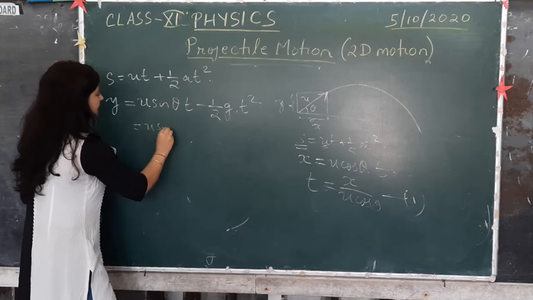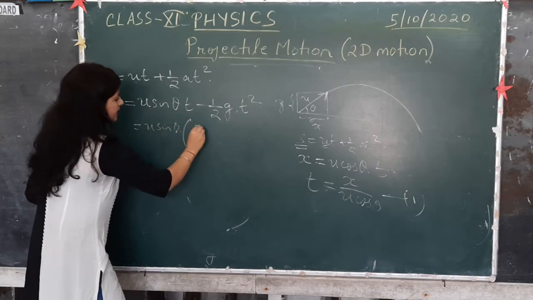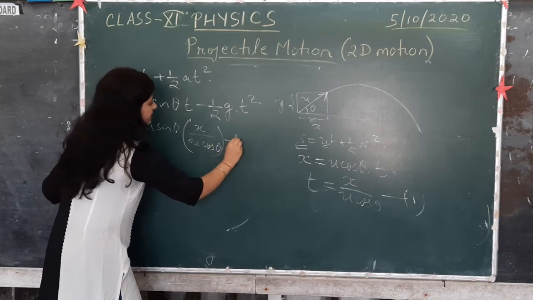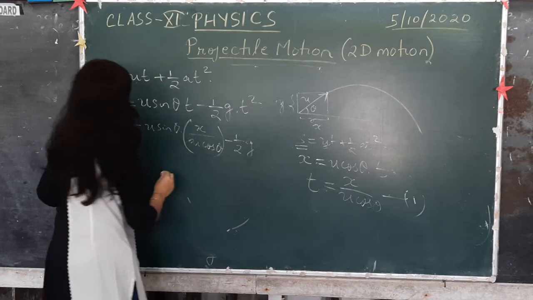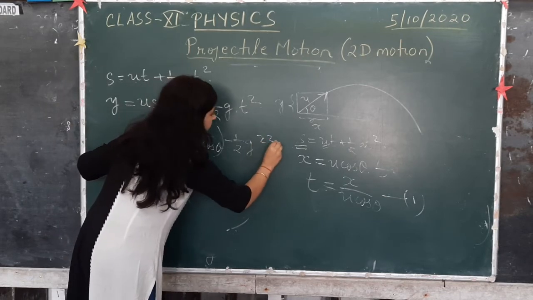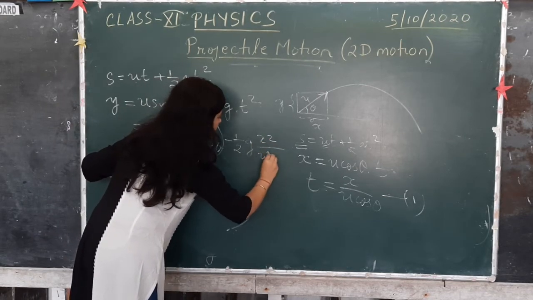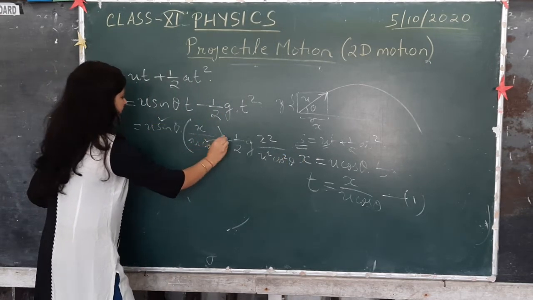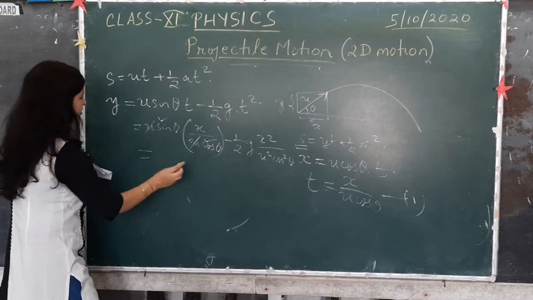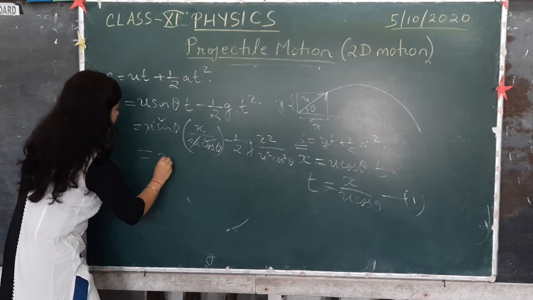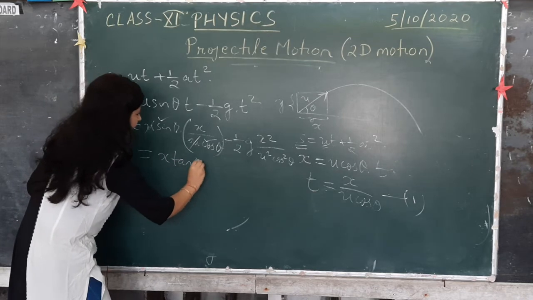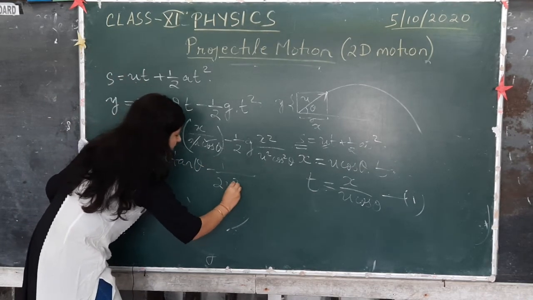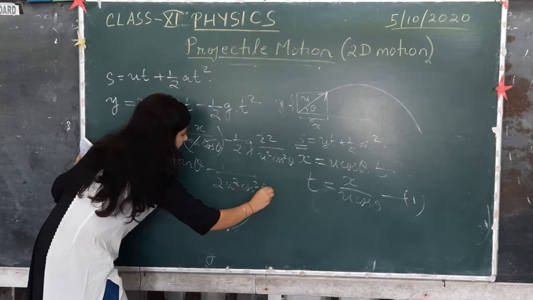So it is u sin theta into x by u cos theta minus half g into x square by u square cos square theta. Here sin theta by cos theta, u will cancel each other, so sin by cos is tan theta. So I can write y equals x tan theta minus g by 2 u square cos square theta into x square.